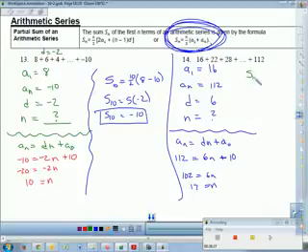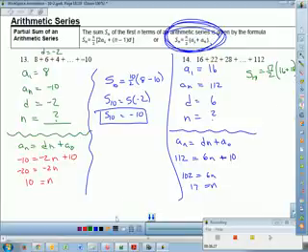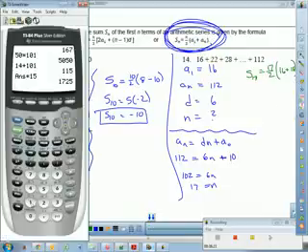So the sum of those 17 terms will equal half of those, 17 over 2, times the first guy plus the last guy. So if I added those together, 16 plus 112, you'd keep getting those groups of 128 to show up.